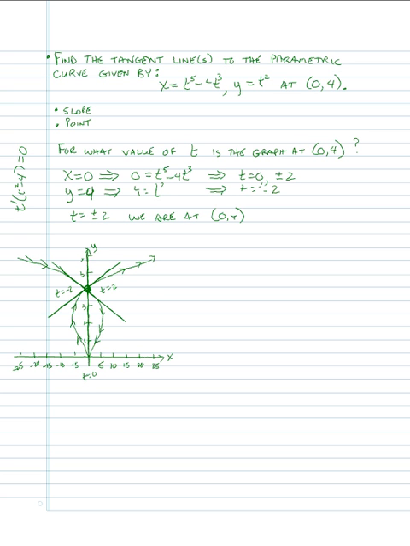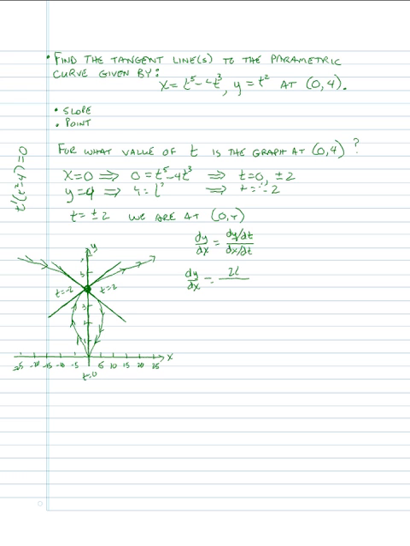Well, remember the way we calculate the derivative. The derivative of y with respect to x is the derivative of y with respect to t divided by the derivative of x with respect to t. So when we're calculating the derivative of y with respect to x, we look above and find out, well, since y is t squared, the derivative of y with respect to t is simply 2t.